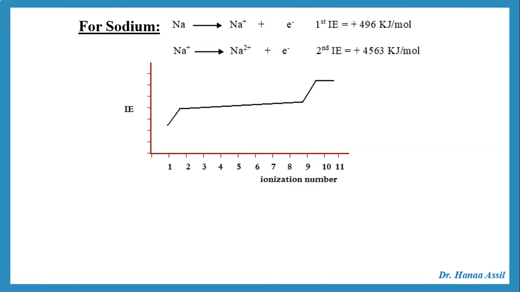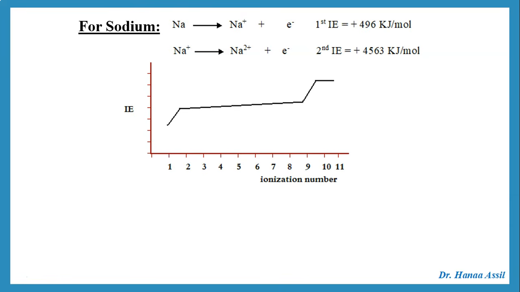So if we take sodium and look at the successive ionization energies of sodium, we need a certain amount of energy to remove that first outermost electron. Let's say the first ionization energy is +496. Of course, we said all ionization energies are endothermic, so they all have a positive sign.